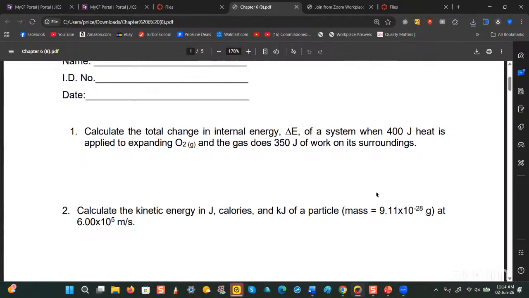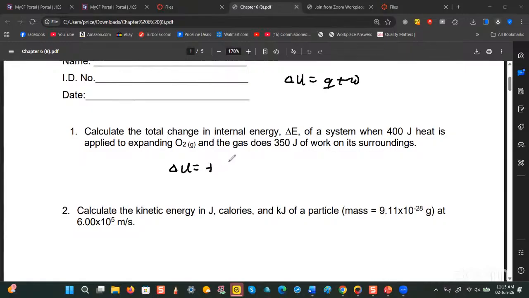So the equation, of course, is delta U is equal to Q plus W. So what is Q in this case based on the information provided? 400 joules.